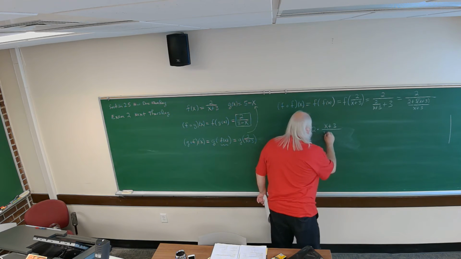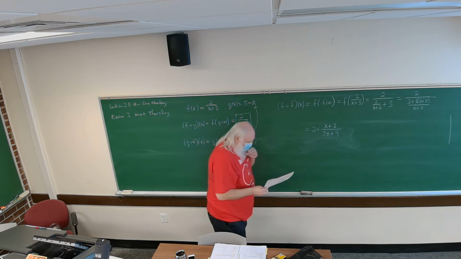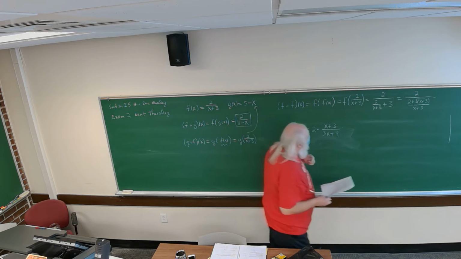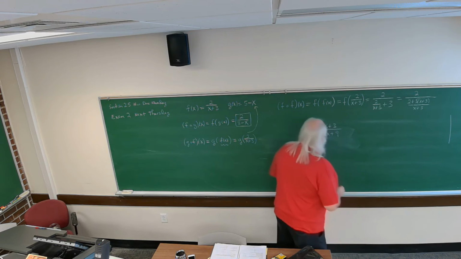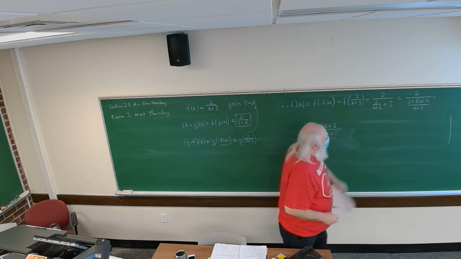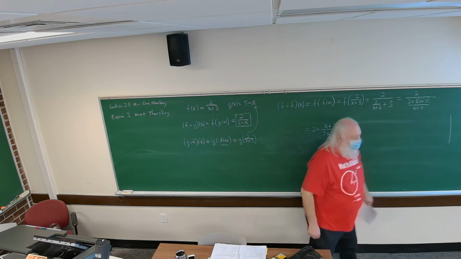I forgot something. Oh, plus 2, so it'll be 3x plus 9 plus 2, which is 3x plus 11, right?